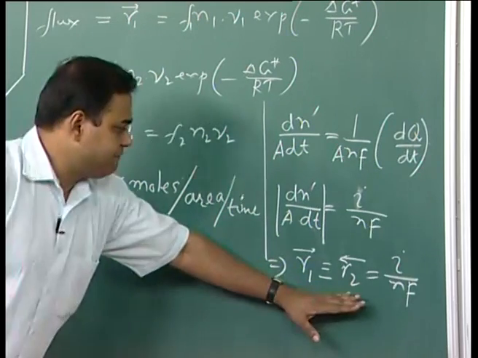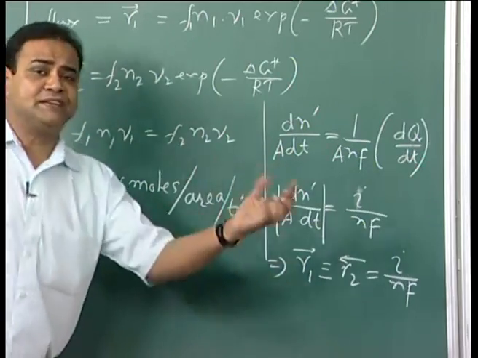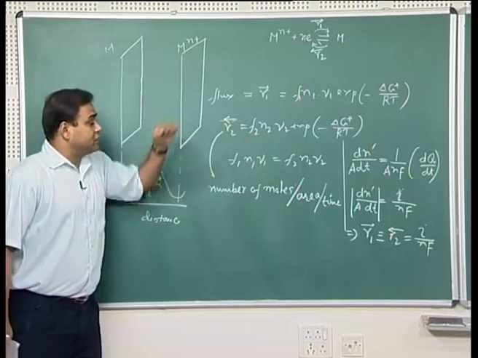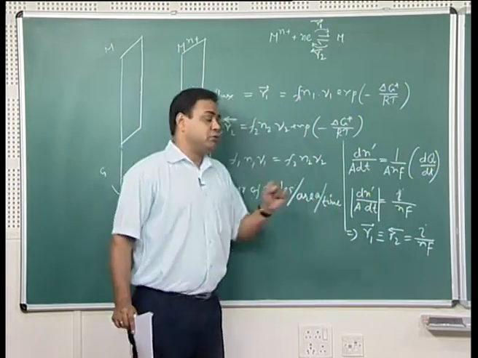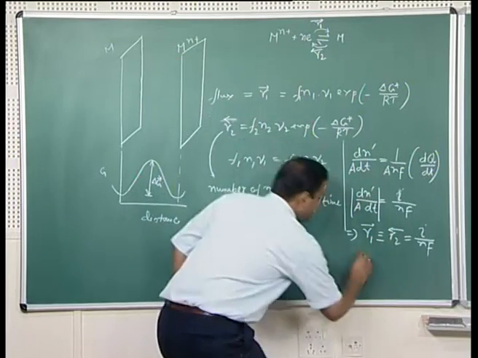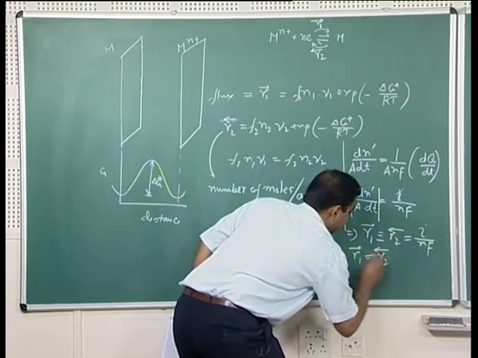Now, this I, if these two are equal, here I have put equivalent, means their units are the same. Now, if these two rates R1 and R2 are different, they will not be equal, but if these two rates are equal, then R1 equal to R2, I can write it.